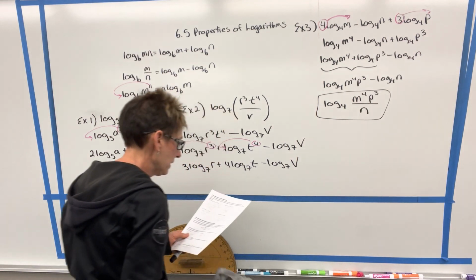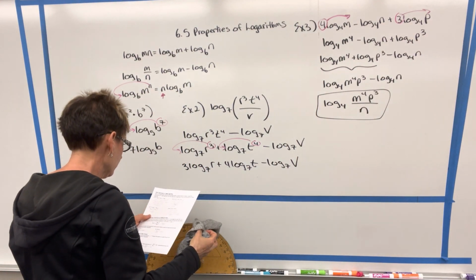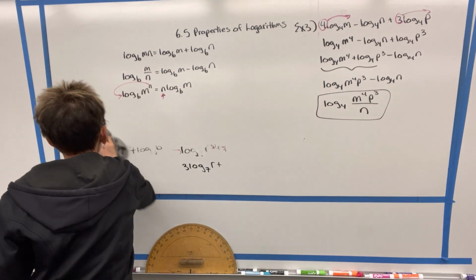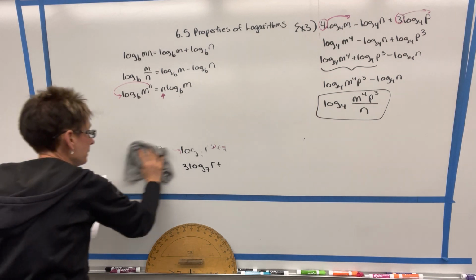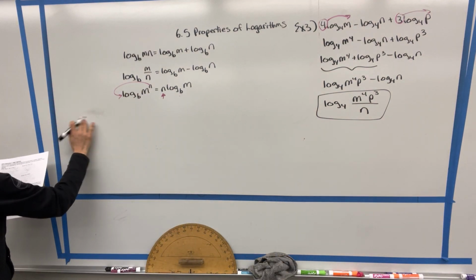Okay, let's do one more kind of like that. I have a few to choose from here, and I'm trying to decide which one is most representative for you. Let's do example number 4 with this problem.